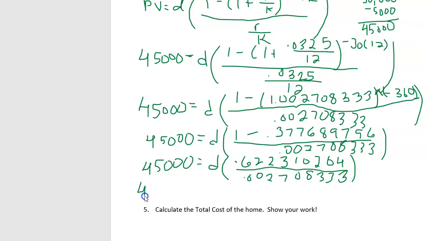Our next step, let's go ahead and do this division, the 0.622310204 divided by the bottom. I end up getting 229.7761036.